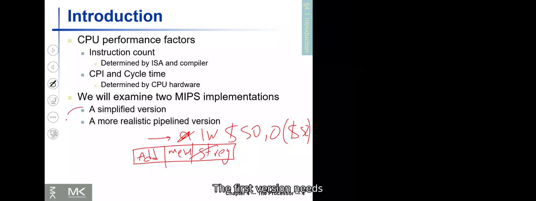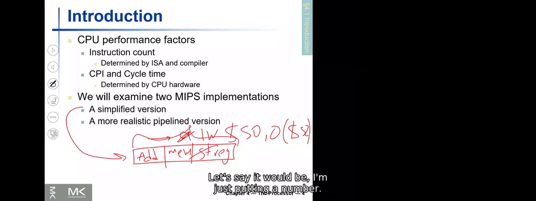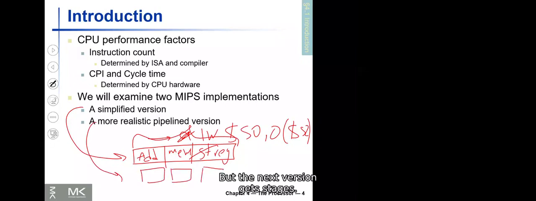The first version needs to execute all of them in one clock cycle. So what would the clock cycle be? Let's say, I'm just putting a number, it's 20 nanoseconds. But the next version gets stages. So the first instruction comes here and, for example, adds to find the address.